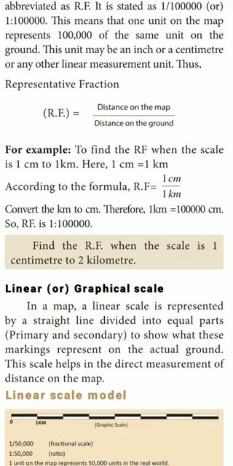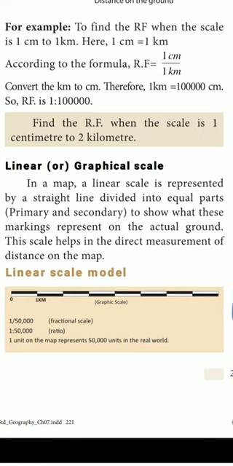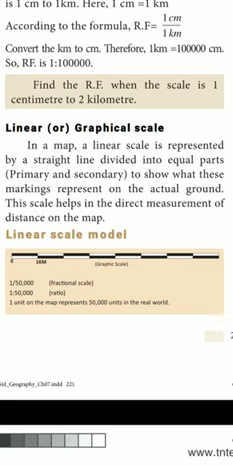This scale helps in the direct measurement of distance on the map. This is the graphical scale model. 1 by 50,000 is the fractional scale, 1 by 50,000 ratio. 1 unit on the map represents 50,000 units in the real world. If it is 1 unit on the map, in the real world it will be 50,000. Okay.